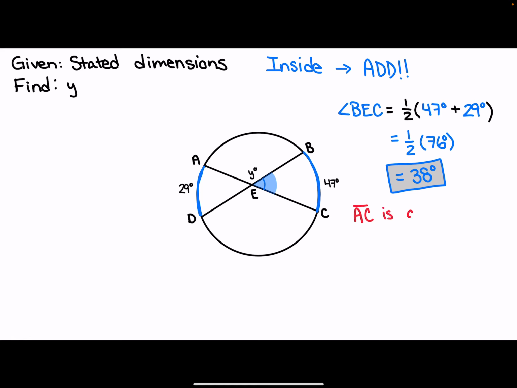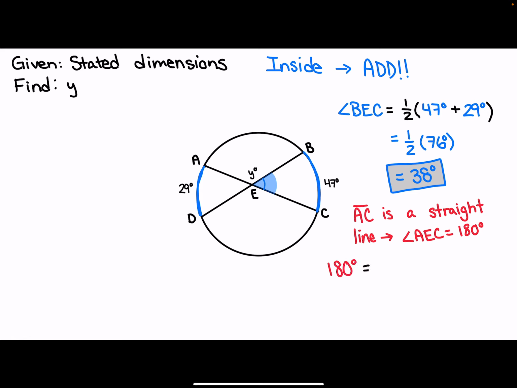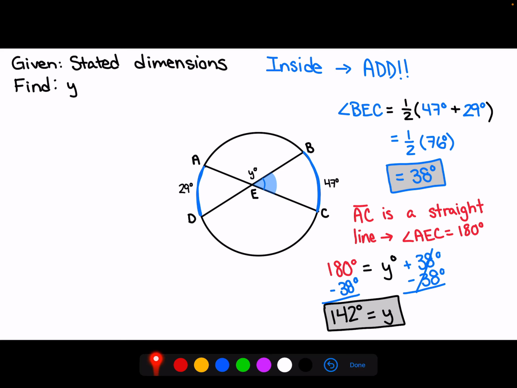If we have a straight line, that means that we have a straight angle. So I can therefore find y by doing 180 degrees is equal to y plus 38. Solving for y by subtracting 38 from both sides will give us y equals 142 degrees. And that's our final answer.